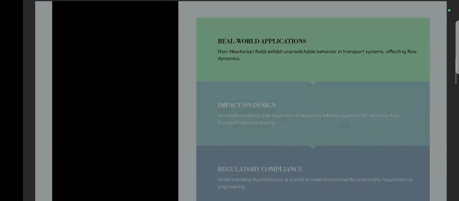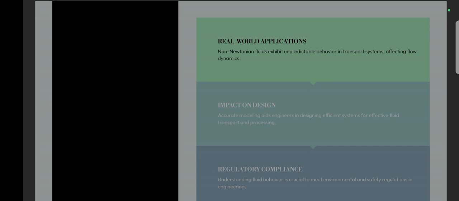Next one, impact on design. The incorporation of space fractional constructive equation models for non-Newtonian fluid flow into design processes has a significant impact across various industries.